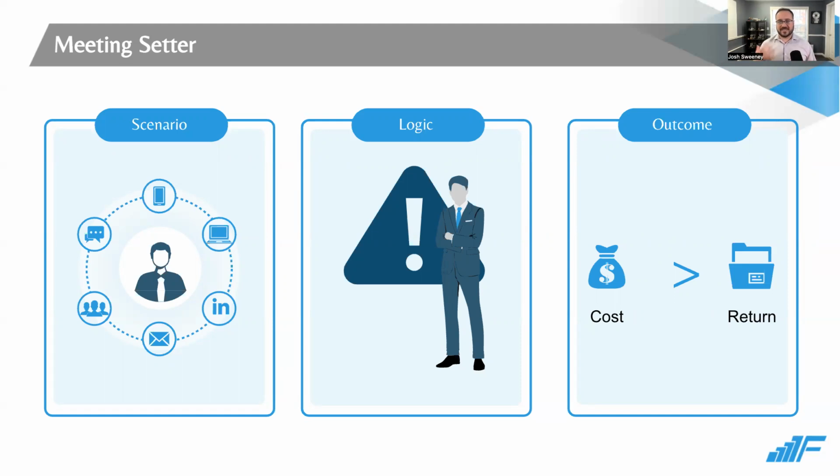Now, this often makes sense from a logic perspective, because the thought is, well, if somebody in your target audience is having the business challenge right now that you can solve, then if you can get in front of them at the right time, you can get a lead and maybe close a deal.